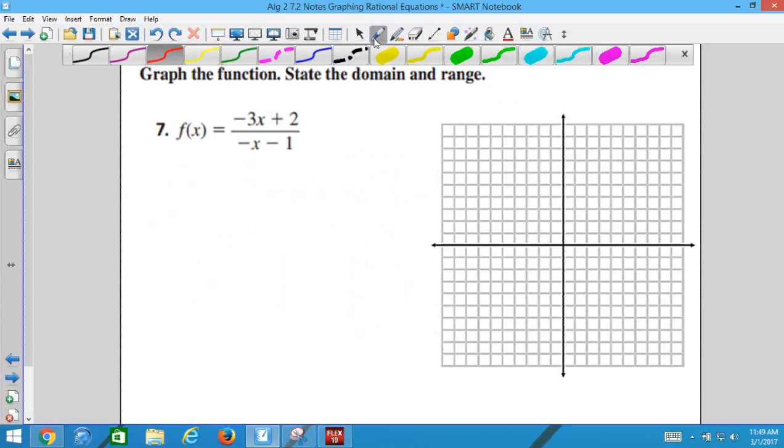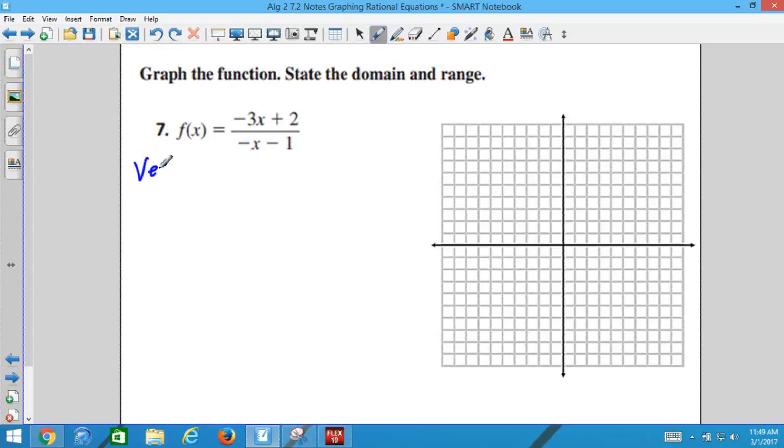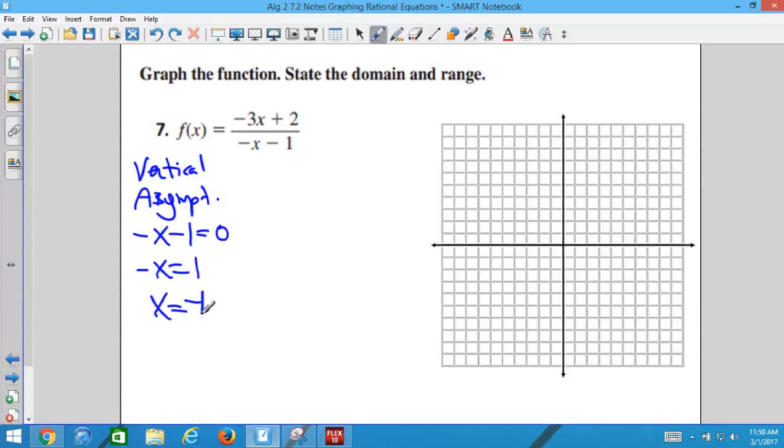Number 7, vertical. We do what for vertical? Negative x minus 1 equals 0, the denominator. And we solve it for x. So negative x is 1. So x is negative 1. Vertical.